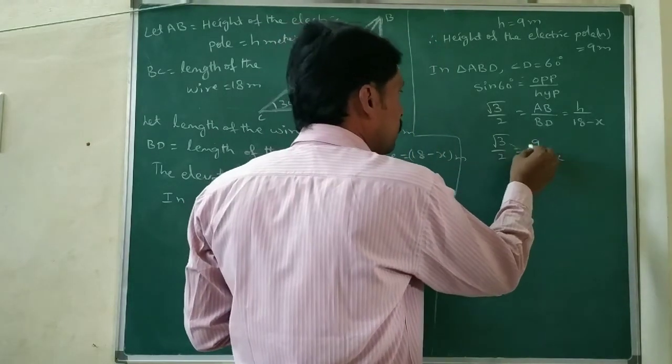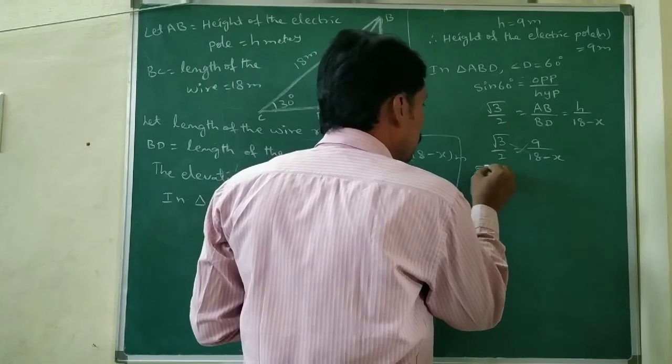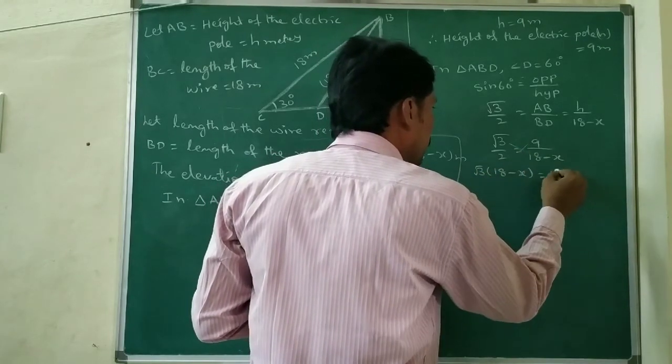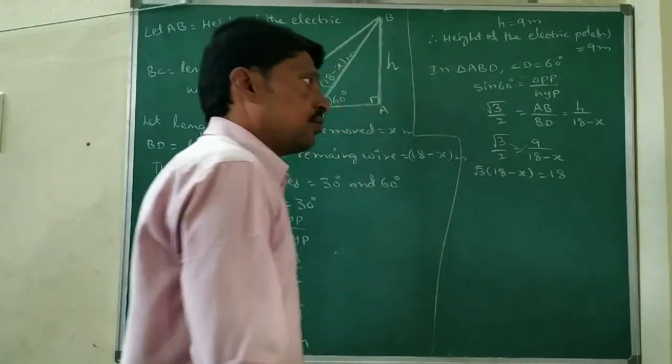Now take the cross multiplication. Root 3 times 18 minus x equals 9 times 2, which is 18.